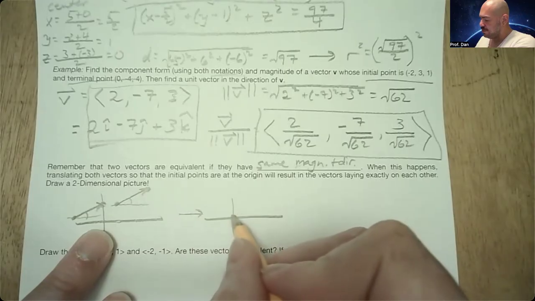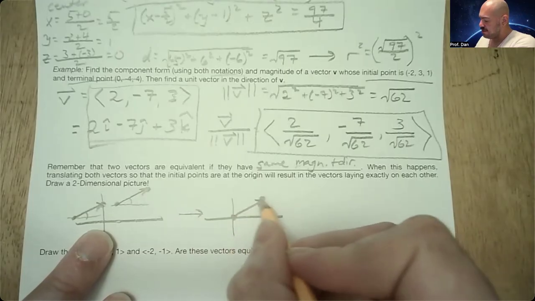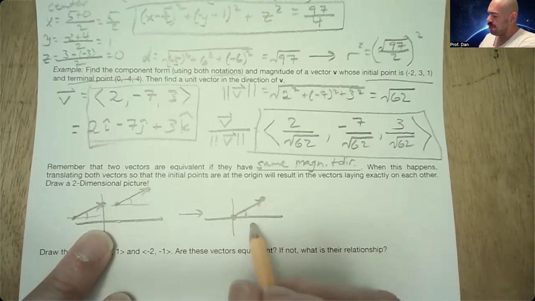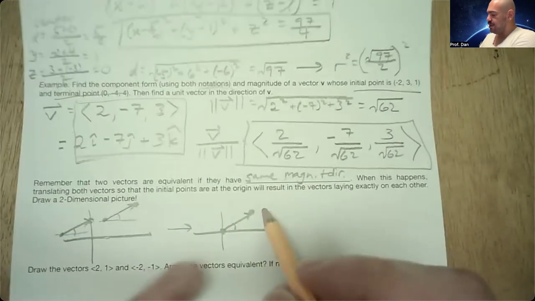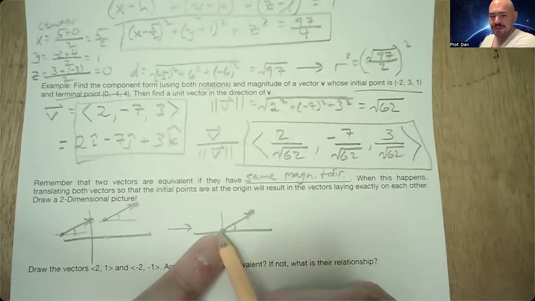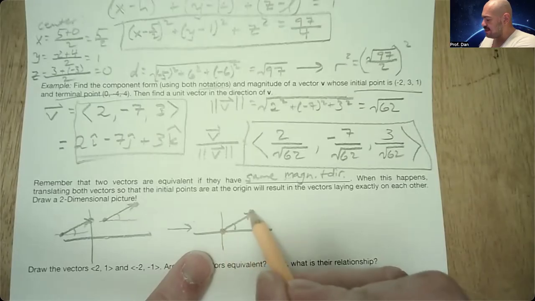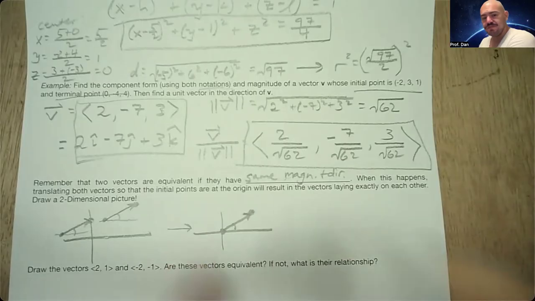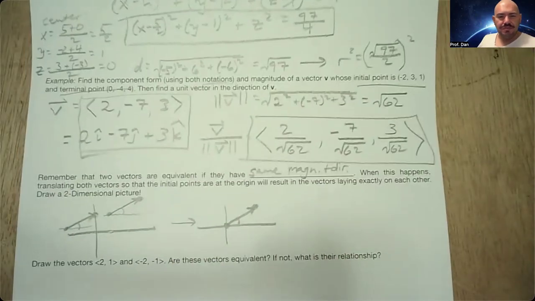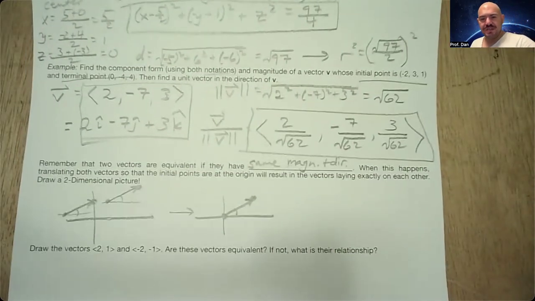So one vector would be here with that same angle. The other vector would be literally right on top of it. It'd be like if I were to draw the exact same thing, that's the second vector. All right, so remember that's what equivalence meant for us in two dimensions.